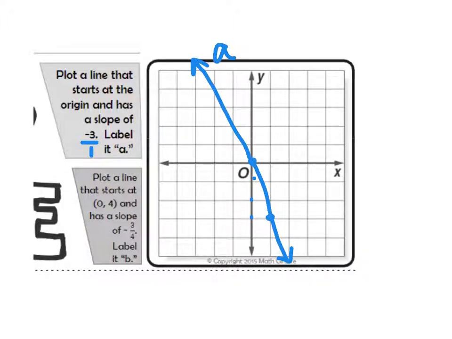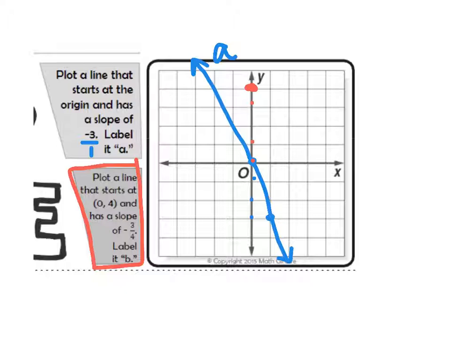Then below it, that little box says to plot a line that starts at 0, 4 and has a slope of -3 over 4 and label it B. So 0, 4 would be left and right 0, so stay here at the origin, up 4: 1, 2, 3, 4. This would be the point 0, 4.